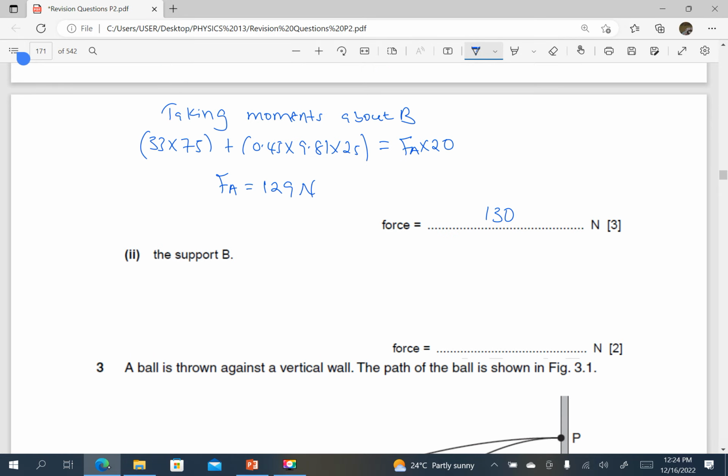So we shall say the force of B is equal to the total force downwards. Therefore, FB is upwards, remember, and should be equal to 33 downwards plus 130 downwards, plus the weight of the bar, which is 0.45, that is the mass, times 9.81.